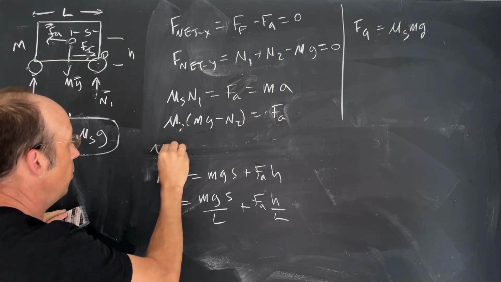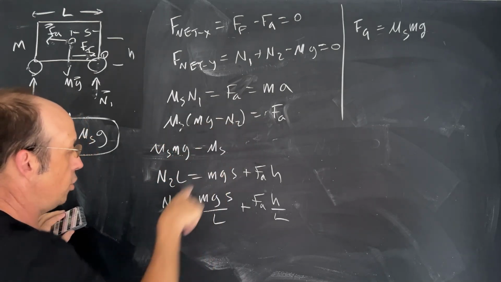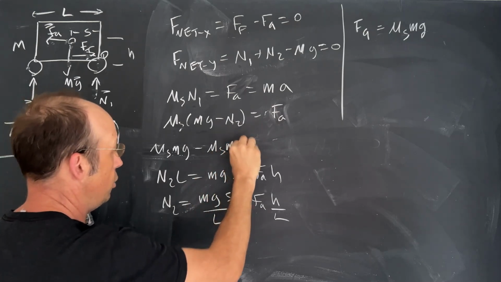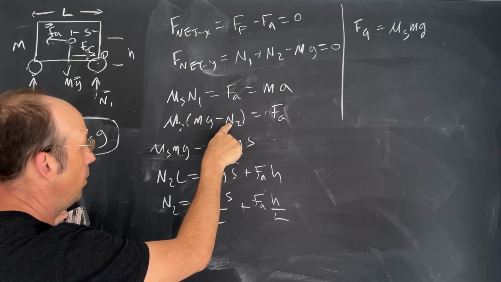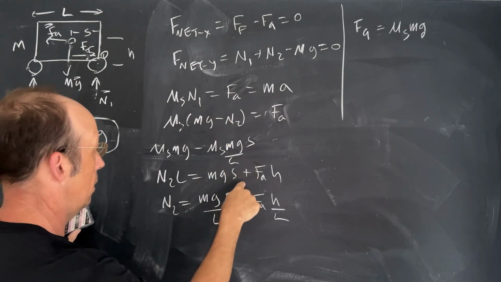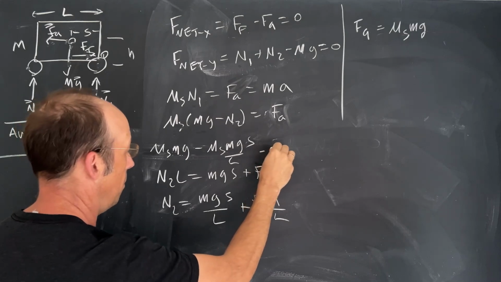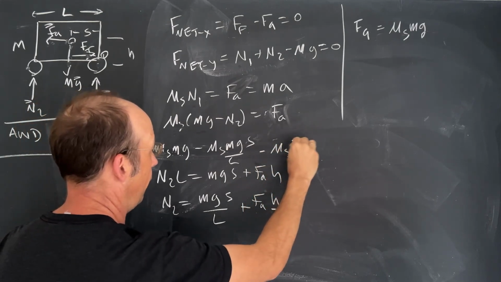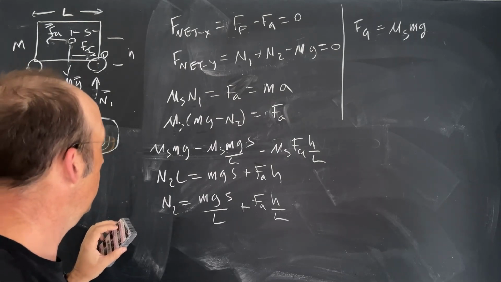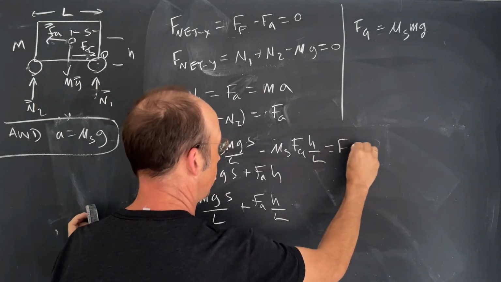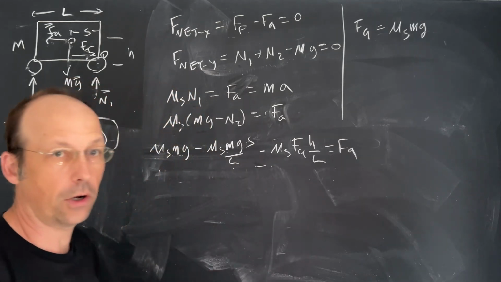So mu s mg minus mu s times N2, which is this, mgs over L, minus mu s Fa h over L. Okay, I got it. Equals Fa. Now I can delete that stuff. In chalkboards, we call it deleting, erasing.